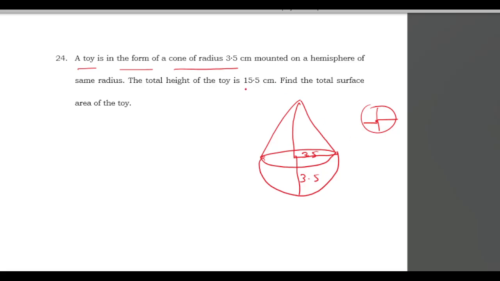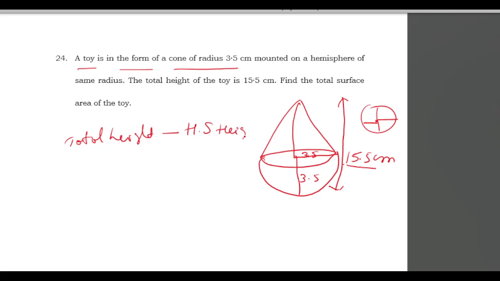They have given the total height of the toy, from here to here, as 15.5 centimeter. Then what is the height of the cone? Total height of the toy minus hemisphere height.